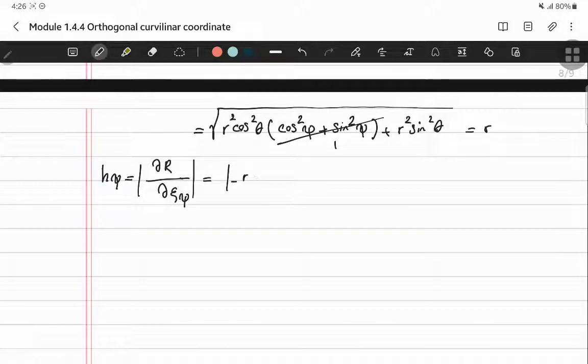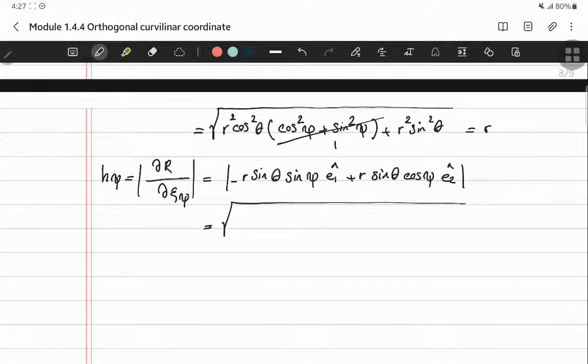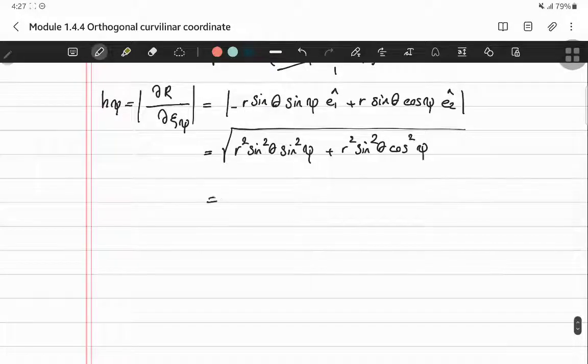This is minus r sine theta sine psi e1 plus r sine theta cosine psi e2, which is equal to the square root of r squared sine squared psi plus r squared sine squared cosine squared psi, which is equal to r squared sine squared.